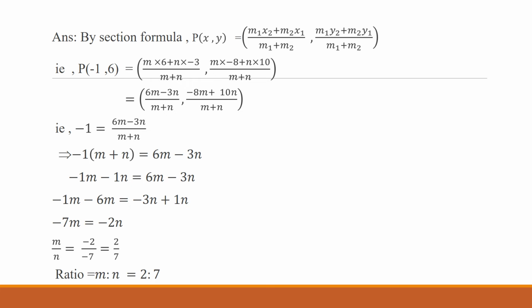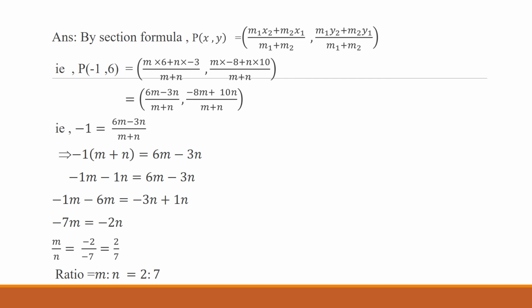Seeing the left hand side, we can say the x coordinate of the point P is negative 1. Equating the x coordinates, we can say negative 1 is equal to (6m minus 3n) by (m plus n). Transposing, we have negative 1 into (m plus n) equal to 6m minus 3n. Open the bracket, we have negative m minus n equal to 6m minus 3n.